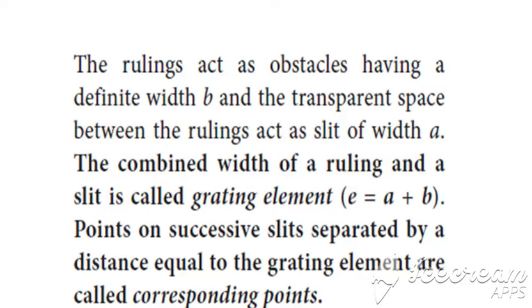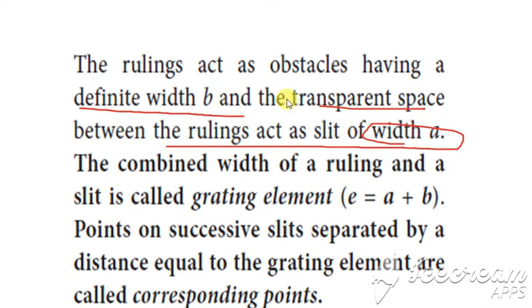Next, the rulings act as obstacles having a definite width B, and the transparent space has a width A. So it has two widths, B and A. One is the obstacle, and the other is the transparent one.